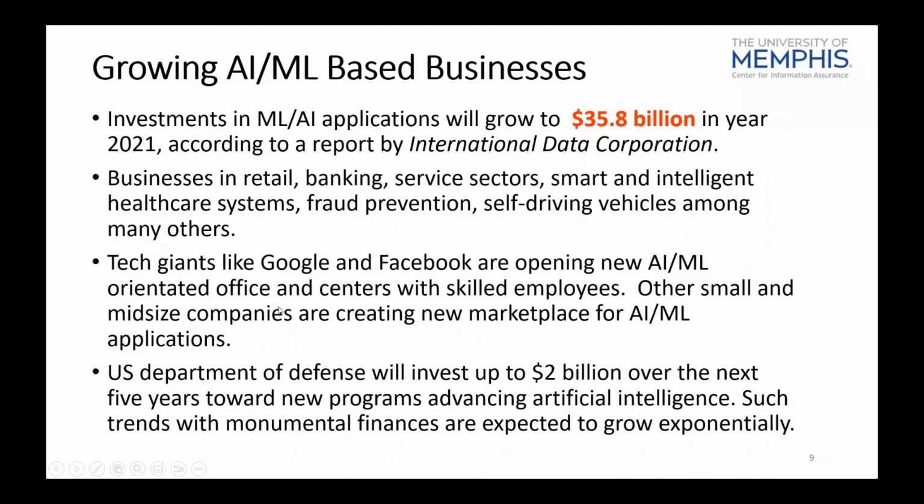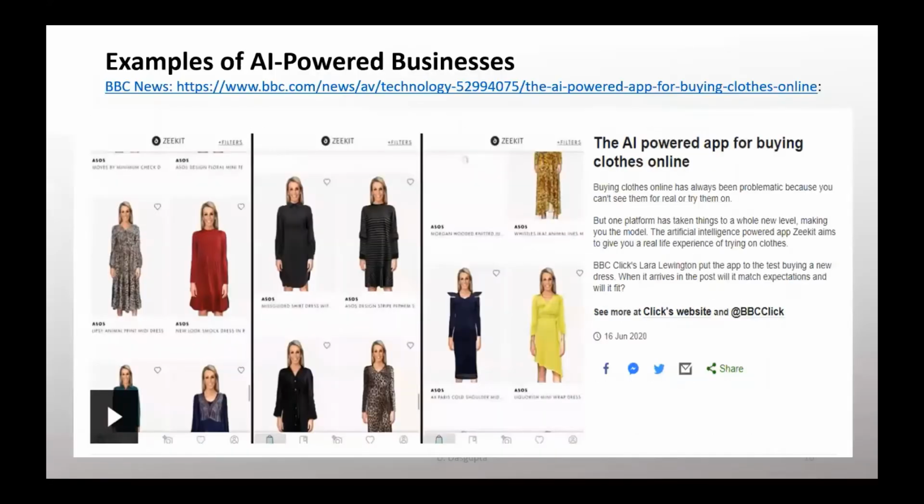Other small and mid-sized companies are creating new marketplaces for AI/ML. And the US government is also investing $2 billion over the next 5 years towards new programs advancing artificial intelligence. Such trends with momentum and finances are expected to grow the application of AI/ML in a significant way.